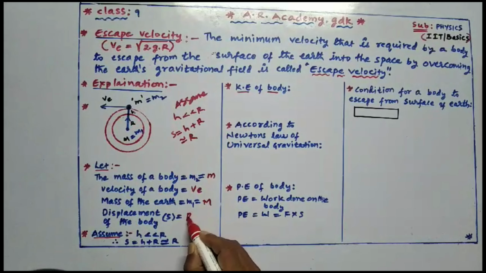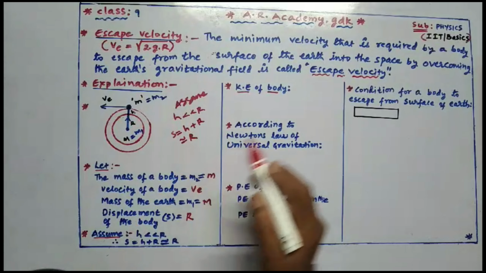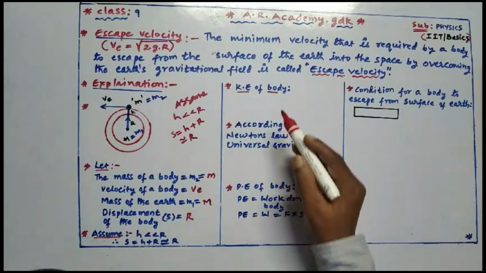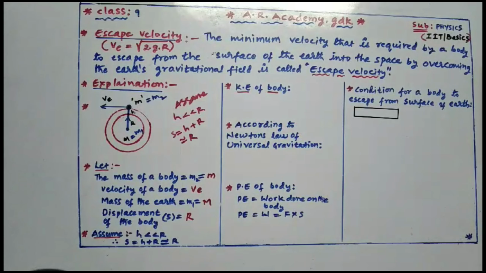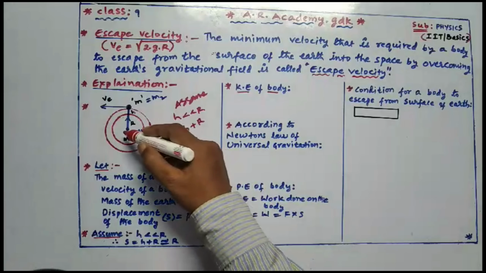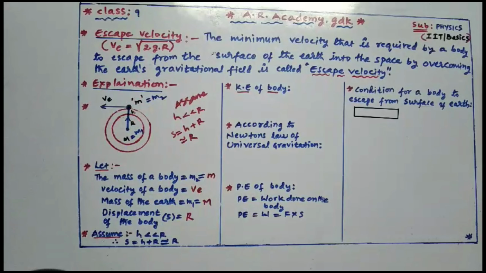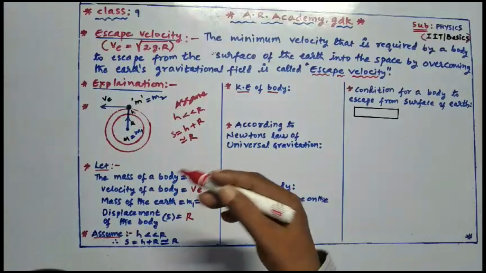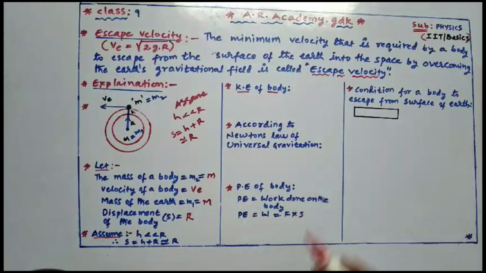Now come to the point, kinetic energy of the body. You know what is kinetic energy? Energy possessed by a body because of its velocity is called kinetic energy. You are throwing the body upwards. By gravity, automatically it will come down. To escape from the gravitational pull of the Earth into space, what is that kinetic energy? We will calculate now.